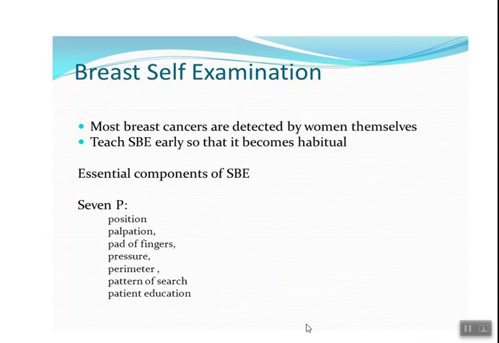And in the last summary, how we can remember breast self-examination: most breast cancers are detected by the women themselves. So teaching breast self-examination early helps it become habitual. The essential components are the 7 P's: position, palpation, pad of the fingers, pressure, parameter, pattern of search, and patient education.